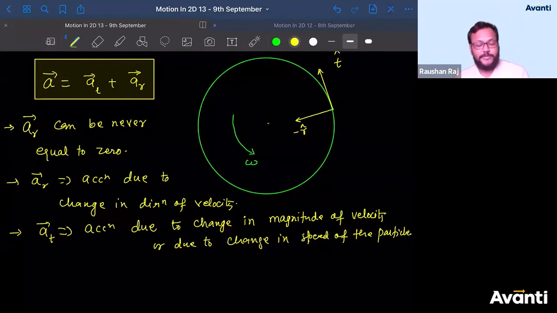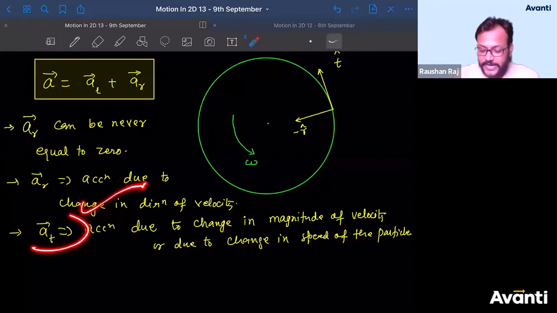So velocity can be changed by changing the direction, and if direction changes, radial acceleration will come. Velocity can be changed by changing its speed or magnitude, and if the change in magnitude occurs, tangential acceleration will come. And if both of them are changing, both of them will occur. If only direction changes, AT will be zero.